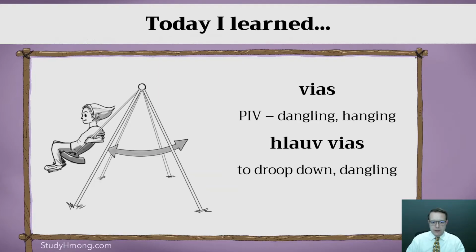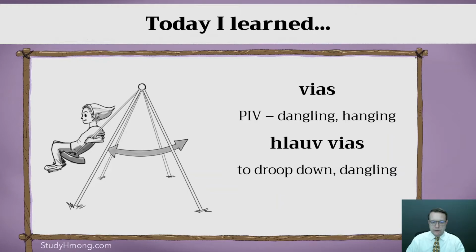It's similar to an adverb in the English language. And what it does, its function, is to add to the feeling and meaning of that verb. And what it adds, not just to that verb, but to a number of different verbs, is the idea of something is dangling or hanging.